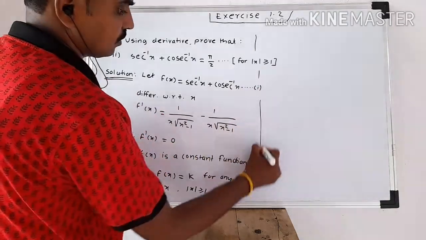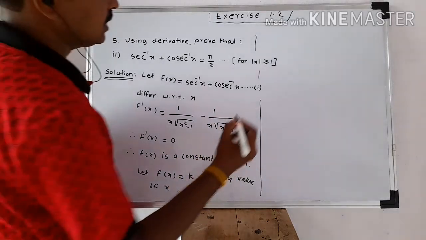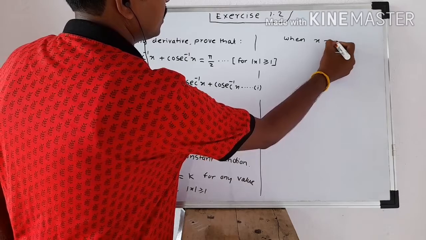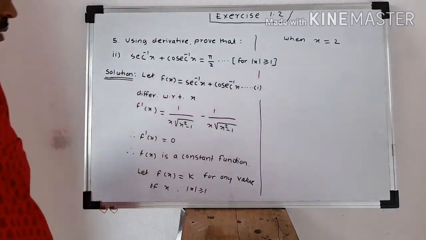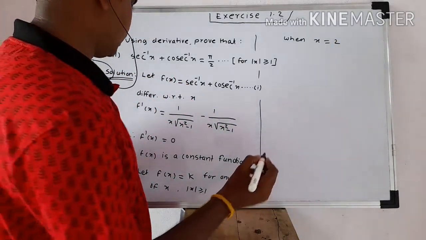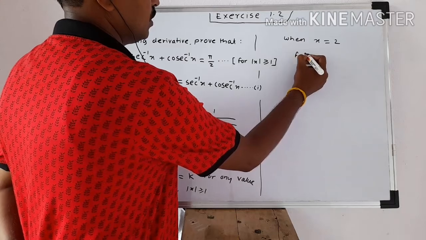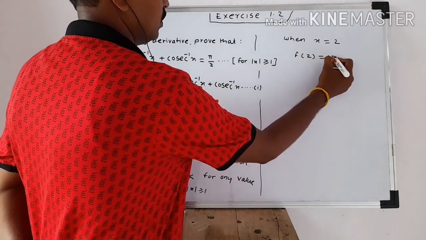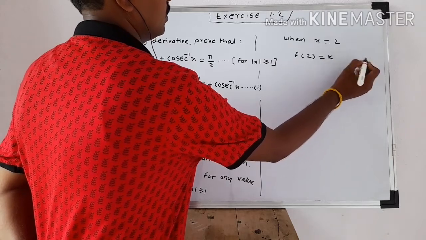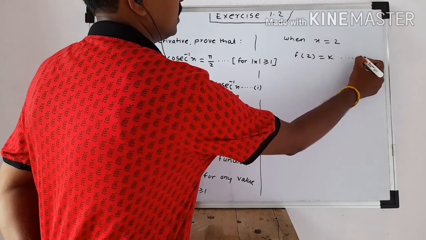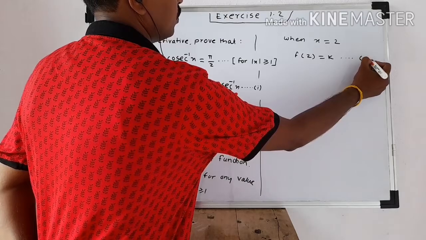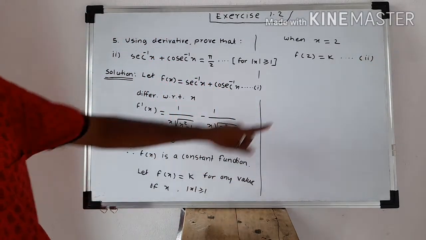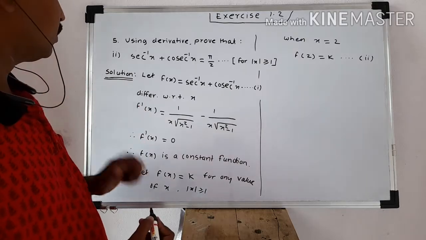Now we will consider a particular value for x, as x equal to 2. Therefore, f of 2 equal to k. We will write this as equation number 2.